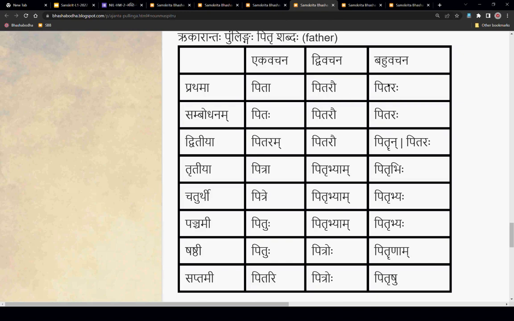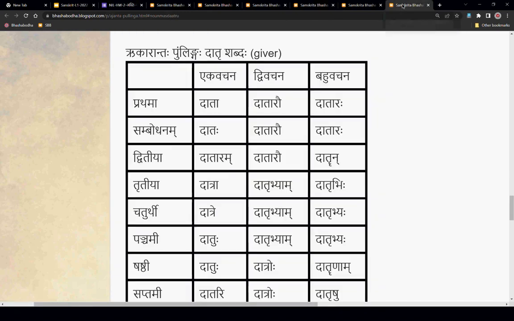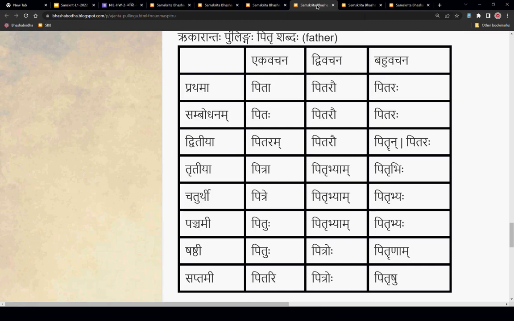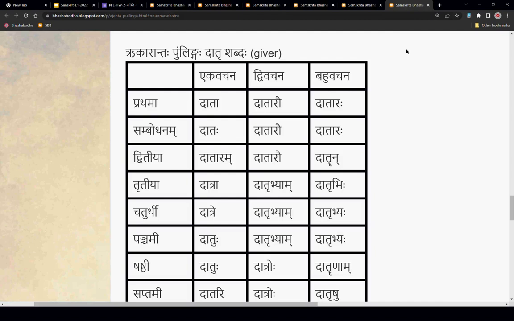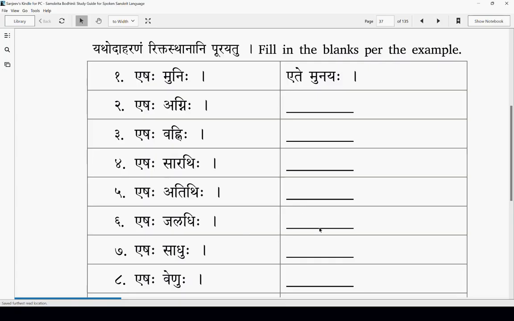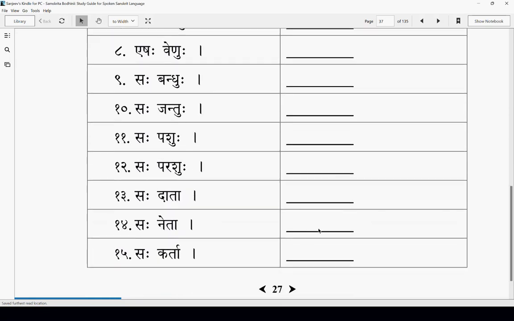In Dvivachana and Bahuvachana, Ekavachana is the same, Pita and Data. Dvivachana is Pitarau, Datarau, and Bahuvachanam Pitaraha, Dataraha. Data, Neta, Karta all follow the same: Dataraha, Netaraha, Kartaraha.